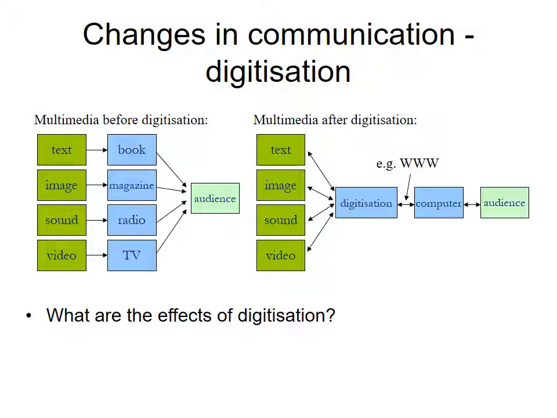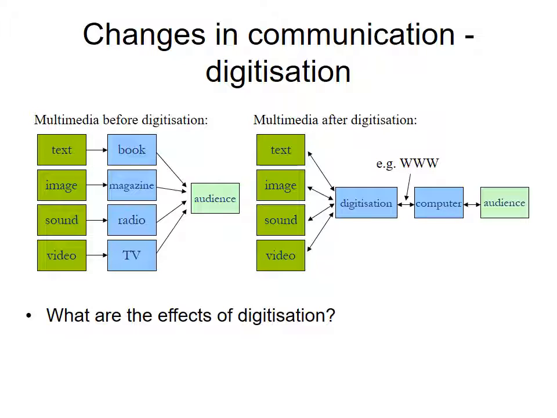So all these items are digitized, and then they are transmitted through one single device, which is the computer. And the audience, the end users, now have simply to click on a button, and can select the kind of information they want to have. And this has implied a huge transformation and huge difference in the way we perceive communication.